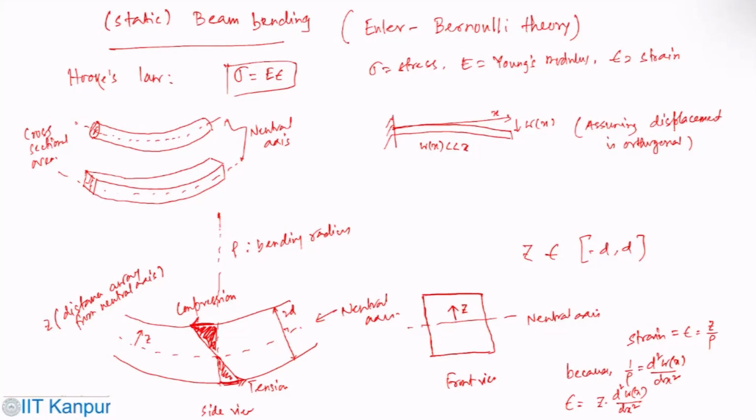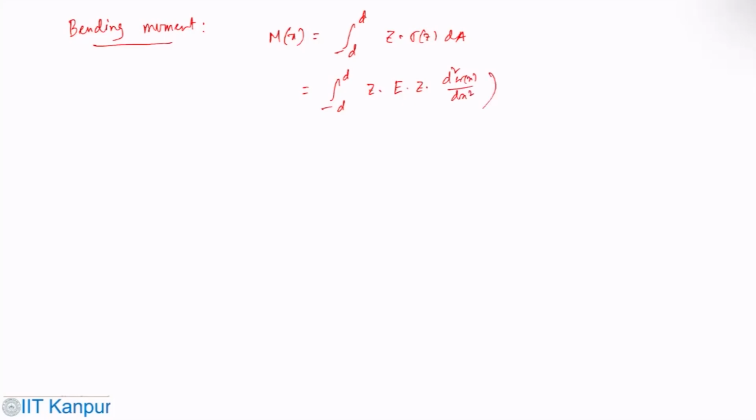Now we can find the bending moment. So M of x is the integral from minus D/2 to D/2 of Z sigma dA, which one can write as the integral of Z E Z d2 Wx by dx2 dA.